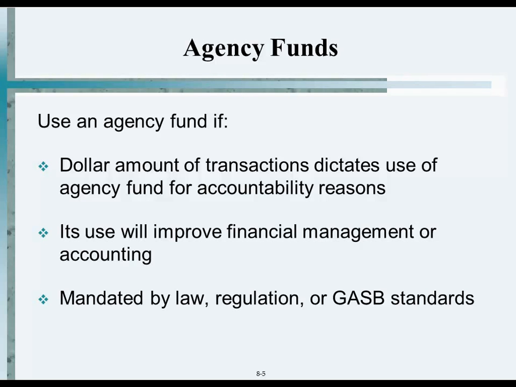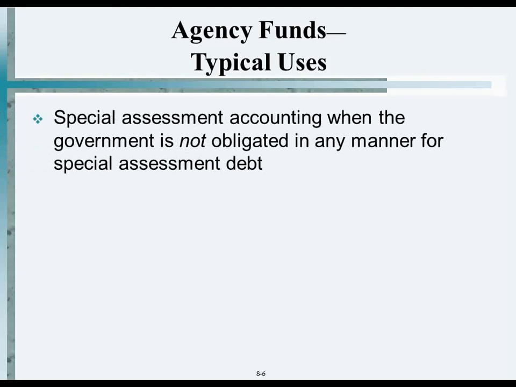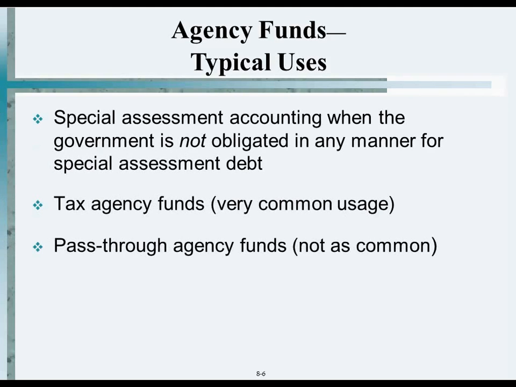Trusts are more formal, longer term, and large. Agency funds tend to be smaller, shorter term. There are no complicated trust agreements involved. And we'll take a look at 3 instances of agency funds. These are the 3 instances we'll take a look at.